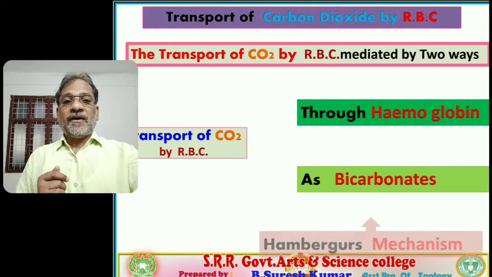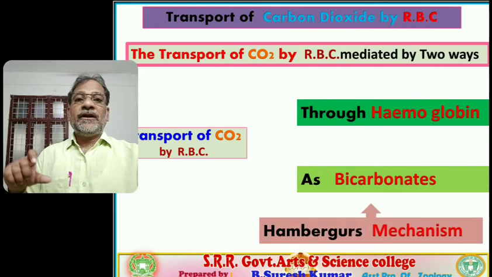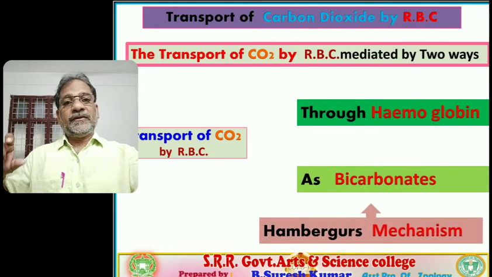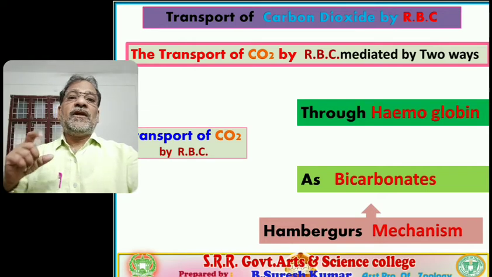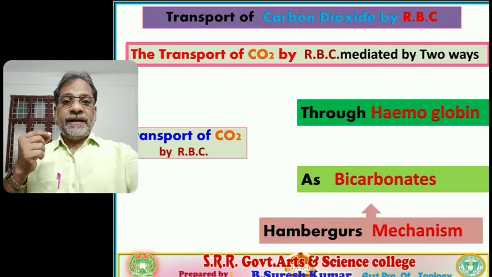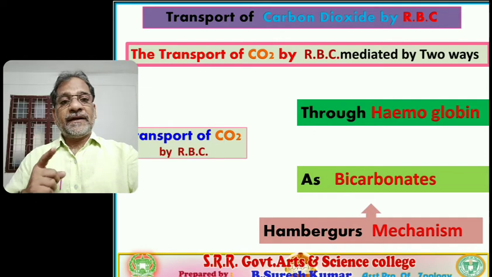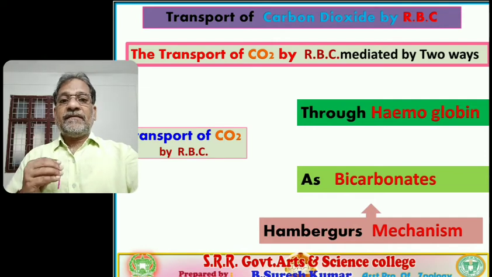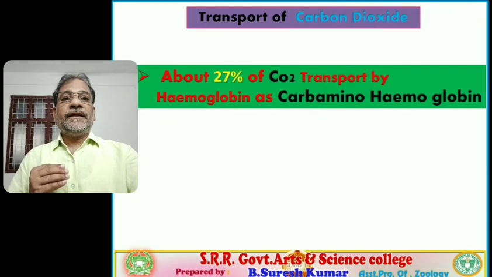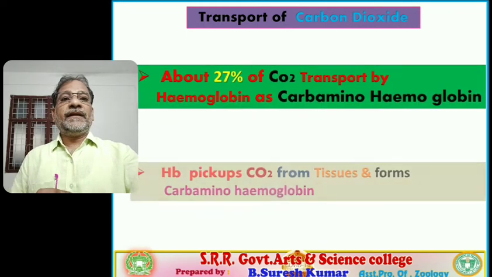So the carbon dioxide is transported through RBC in two ways. One is by hemoglobin molecule and the second is as bicarbonate form. Followed? Right.